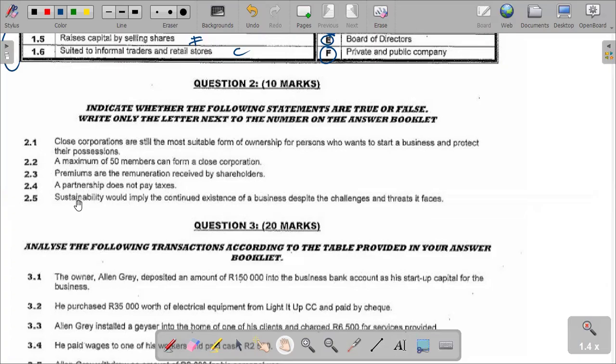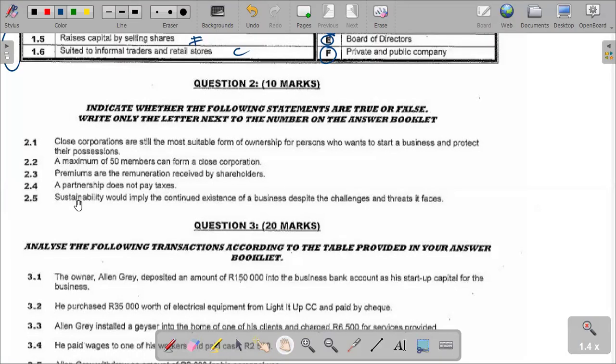So what you need to understand is that sustainability means operating in a way that ensures long-term survival. When we talk about being sustainable, we are looking at surviving for the long term. Not say for 6 months, but rather for 2 to 3 years.